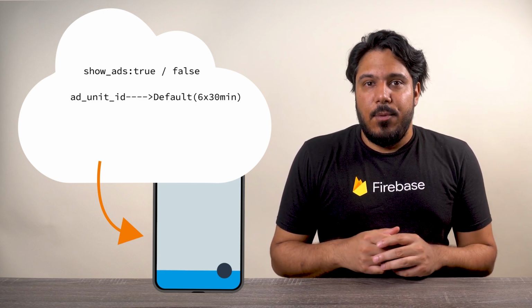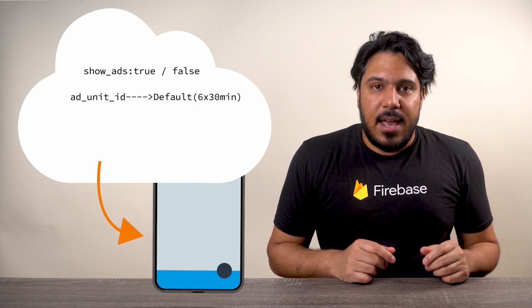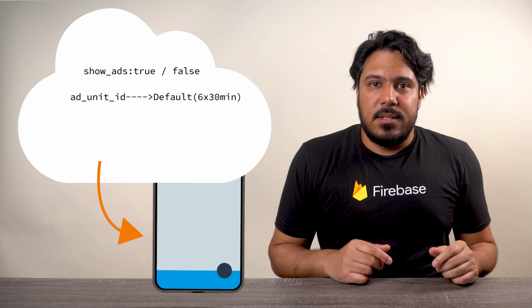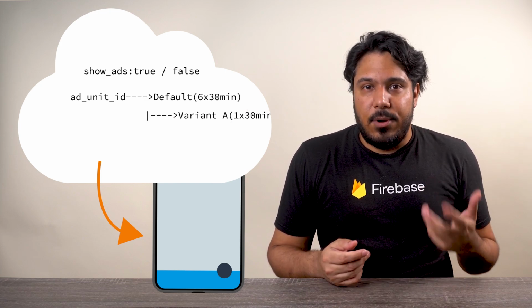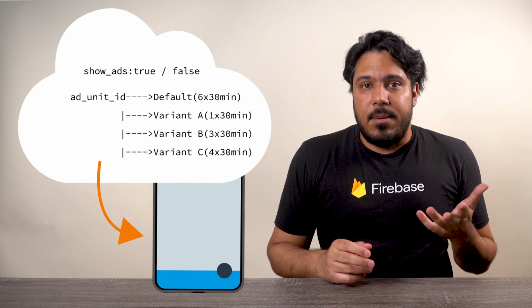I'll then create a few more AdMob ad units represented with unique ad unit IDs and configured to different ad frequencies, like say 1 time every 30 minutes, 3 times every 30 minutes, and finally 4 times every 30 minutes. Once again, if you want to learn the full details about setting up an ad frequency experiment from start to finish, check out episode number 2, which covers just that, in addition to creating the different ad variants in the AdMob console.